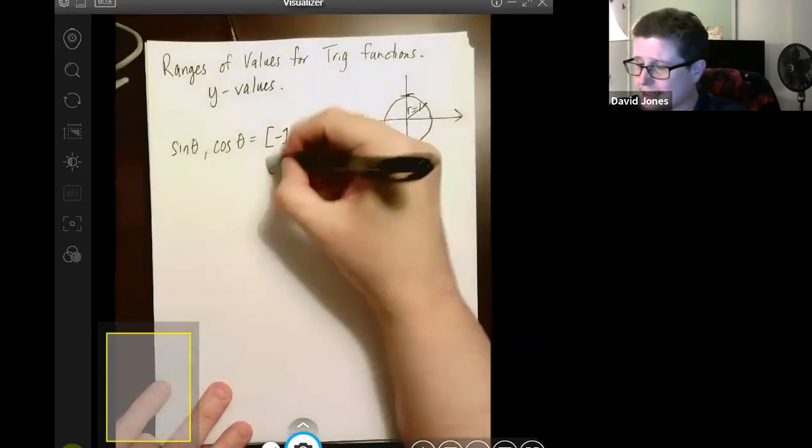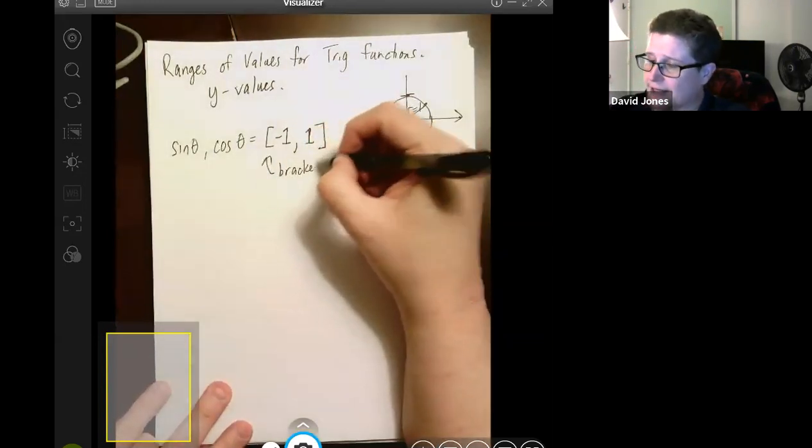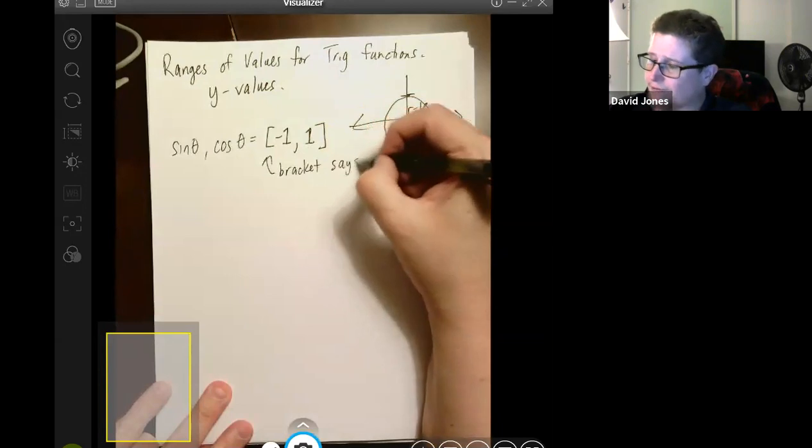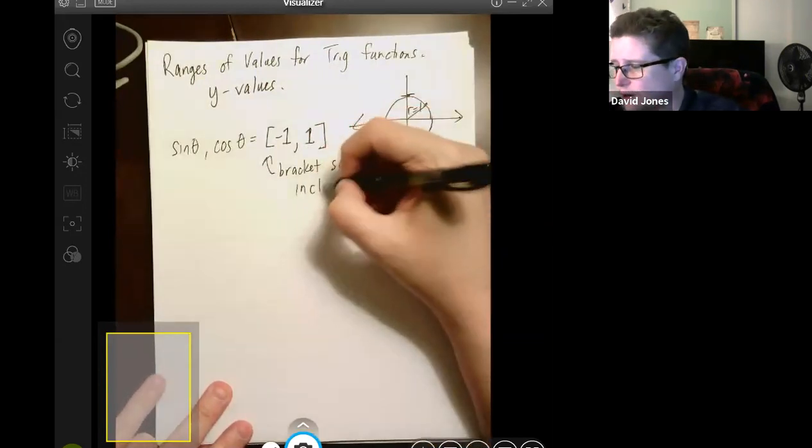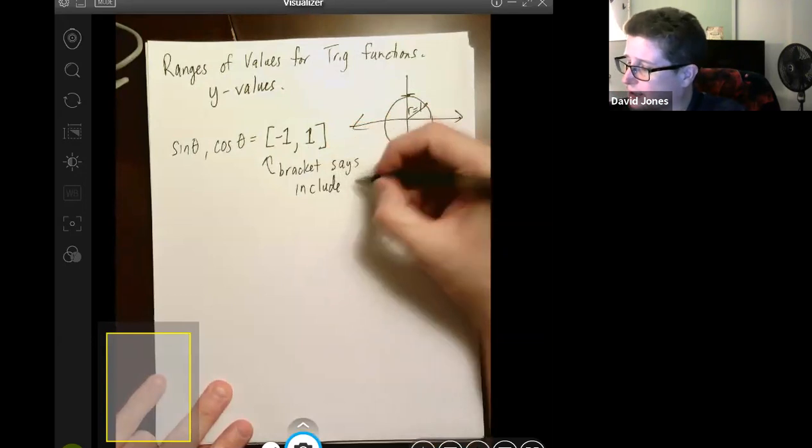The bracket says include the value. Remember that from algebra? Parentheses say don't include it.